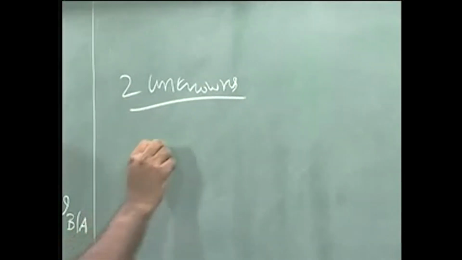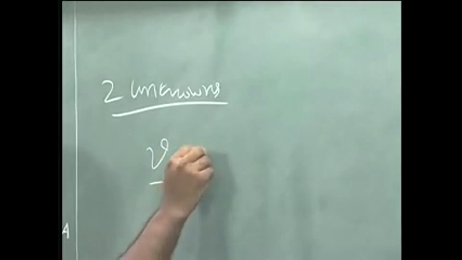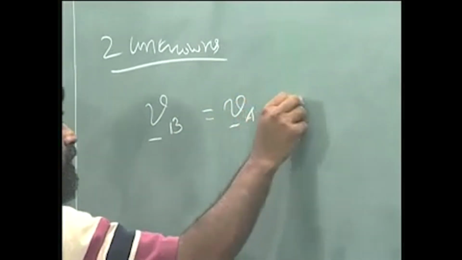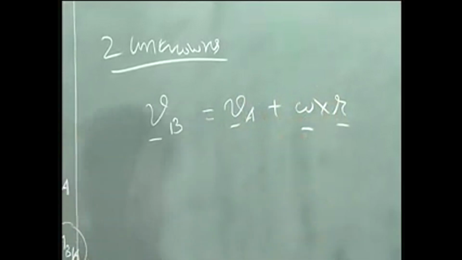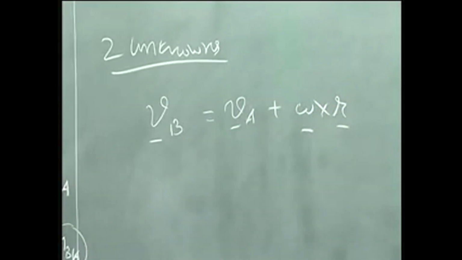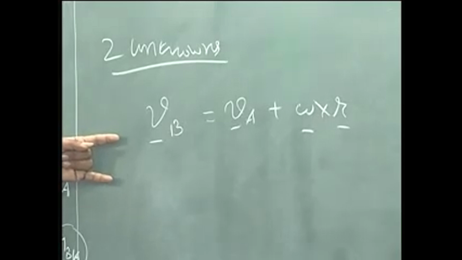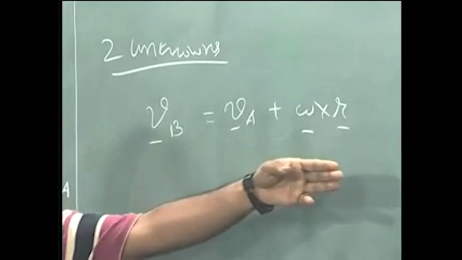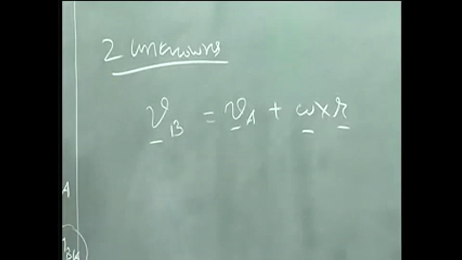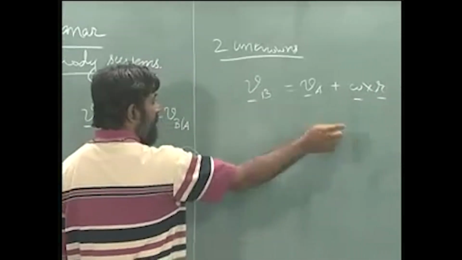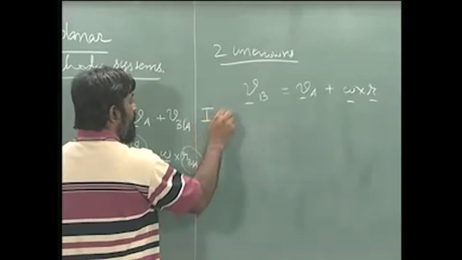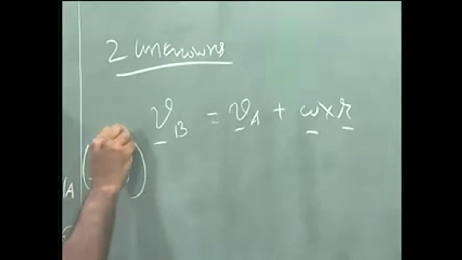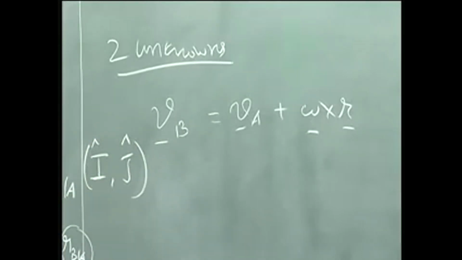How many equations do I have here? I have something like this, Vb equals Va plus omega cross R. How many equations? Remember, I can form two equations from this, one with respect to capital X direction, the other with respect to capital Y. So, if I write this in terms of capital I and capital J vectors, it becomes easy for me.